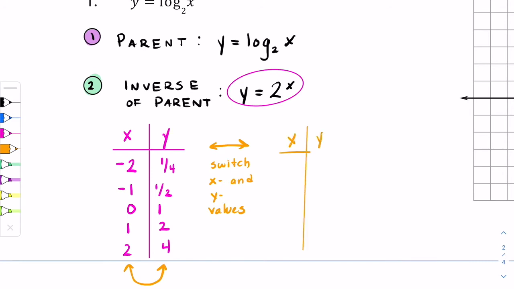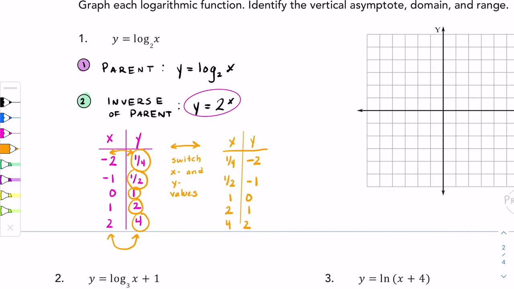So 1/4 right here is my new x value. I'm switching these. In correspondence to 1/4, my new y value would be -2. If my y value was originally 1/2, that becomes my x value. My y value is -1. Then 1, 0; 2, 1; 4, 2. So at this point, which is step 3, all I did was switch my x and y values.